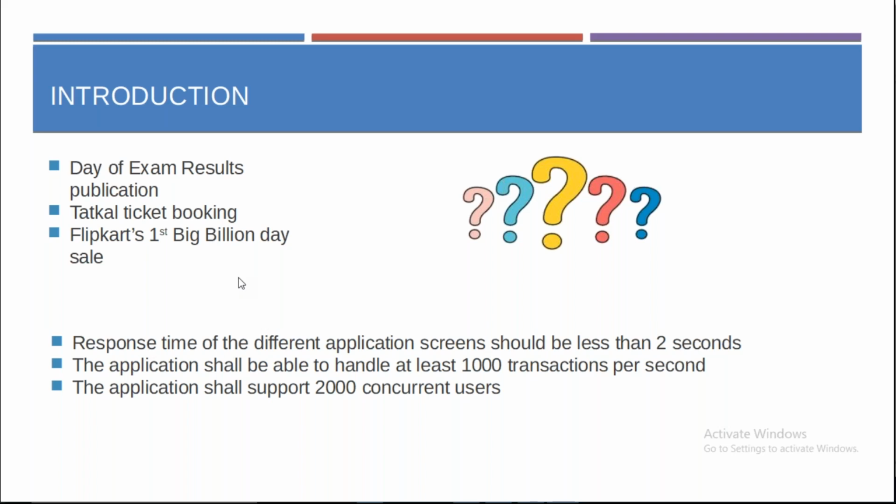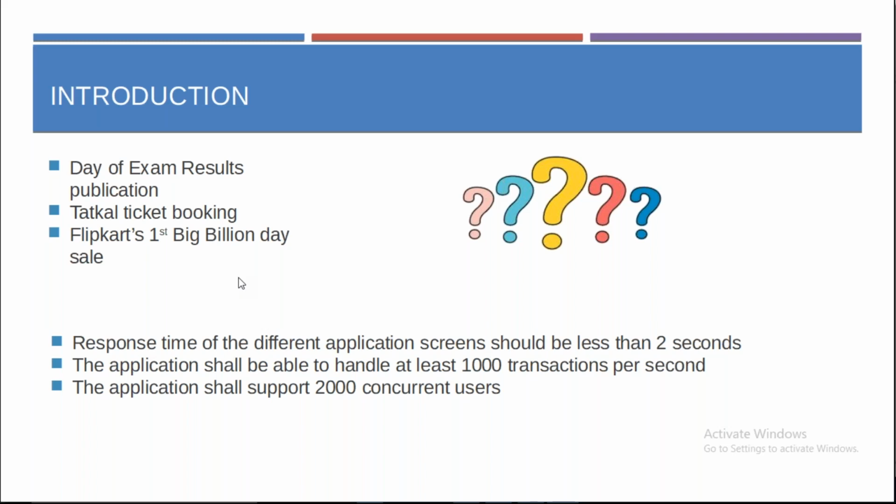The application shall be able to handle at least 1000 transactions per second. This comes when there are a lot of concurrent users accessing the application, and at that point of time every user will do transactions on the application, right?